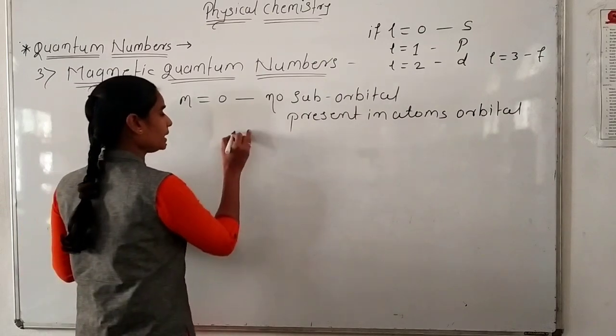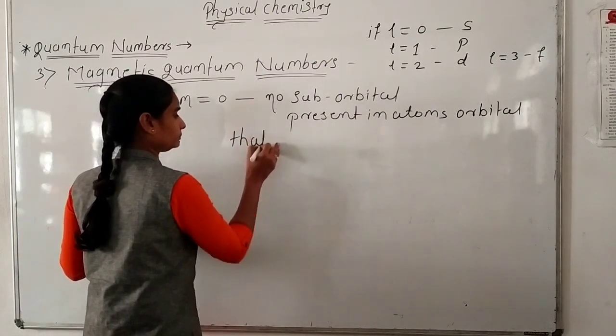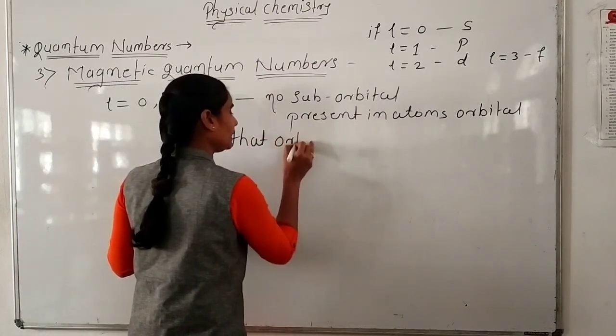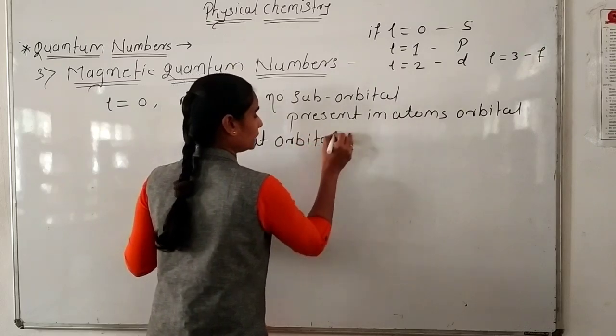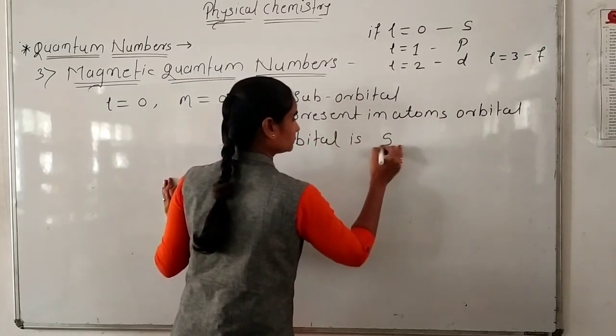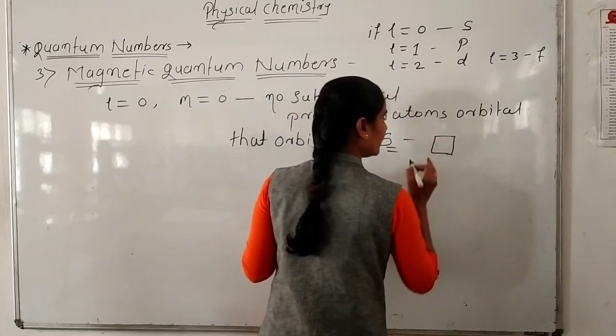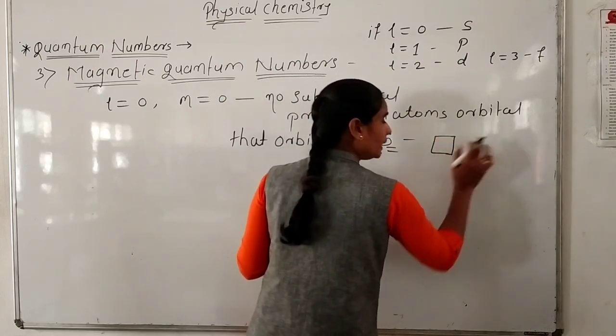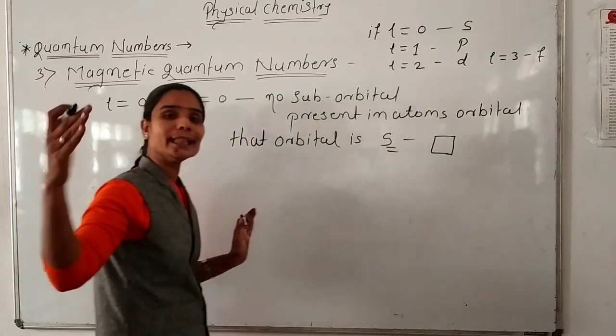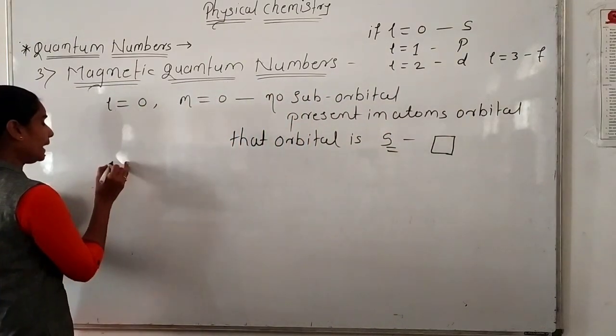So that orbital is the s orbital. The s orbital has only one orbital. Okay, the s orbital does not have any suborbital.